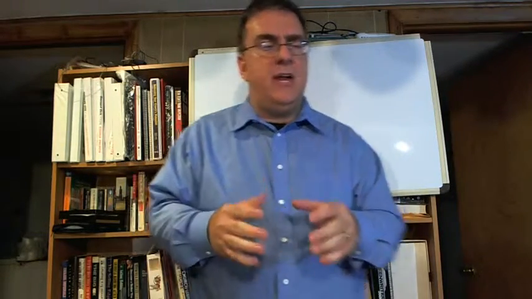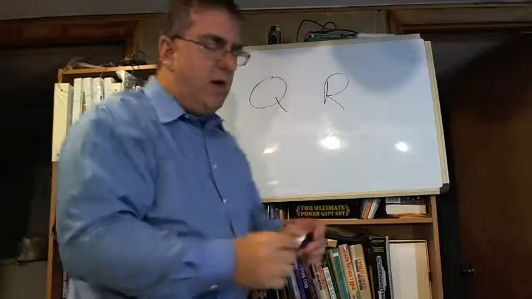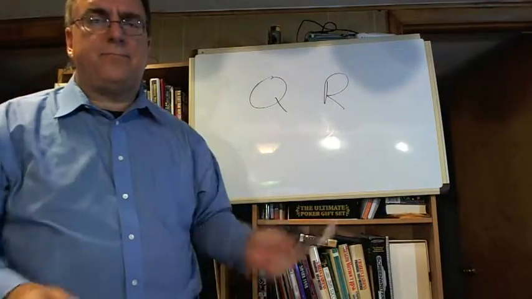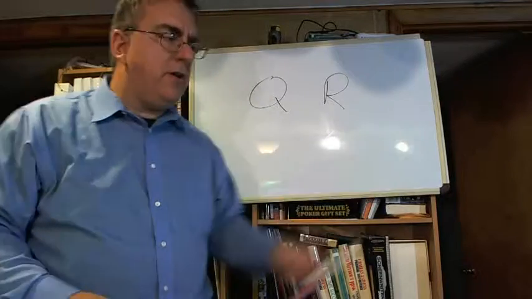So let's see. Nathaniel, read question 1, please. If Q and R are both odd numbers, which of the following must also be odd? So what is the question asking? The question is asking the value of Q and R. So, Joe, what might we pick for Q?